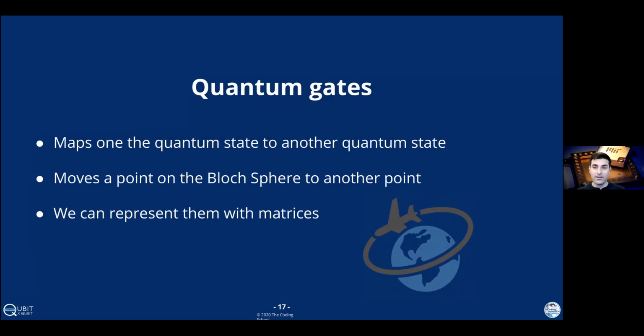You probably have to fly to London because I don't think you can fly to Cambridge, UK directly. But let's say you fly into Cambridge, UK. You can think of a quantum gate as taking a flight from one point on your Bloch sphere, in this case Earth, to another point on the Bloch sphere. So that's a good visual to have in mind in terms of what quantum gates do.